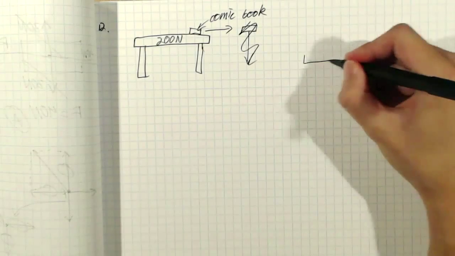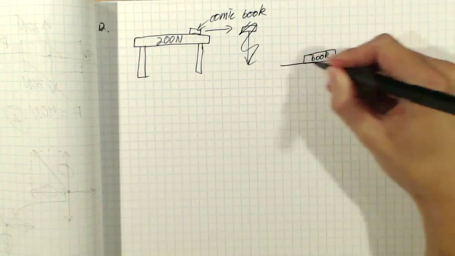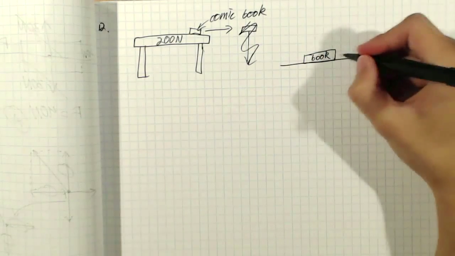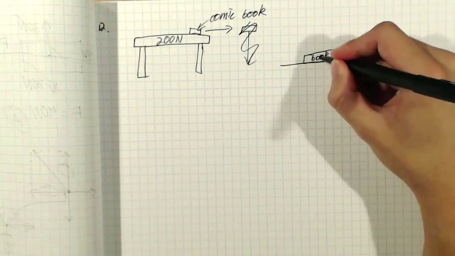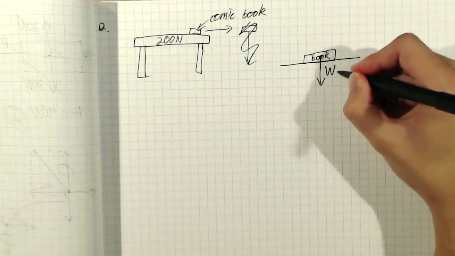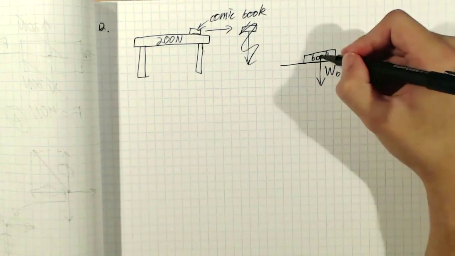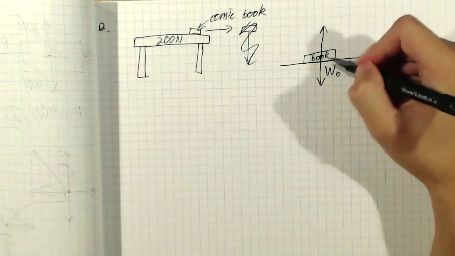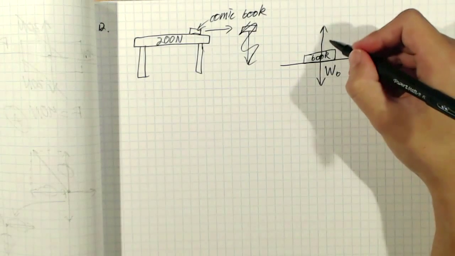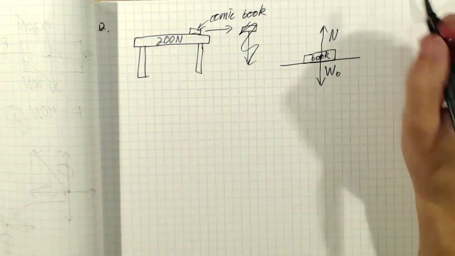What they mean by this is, here you have your book on a table, and it's saying that the weight of the book, down, is equal to the force exerted by the table on the book, which is the normal force. So it's saying these two are equal but opposite in direction, and that's true.